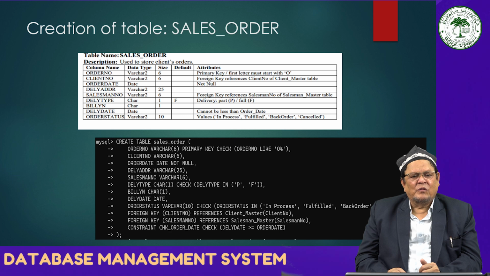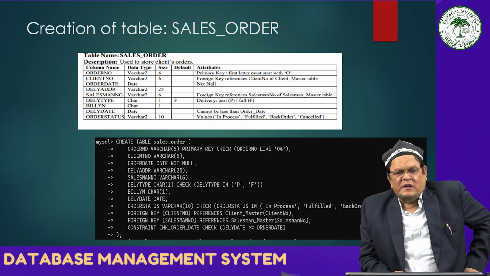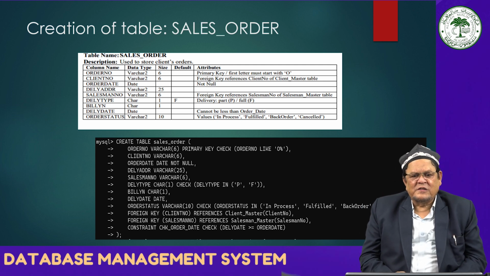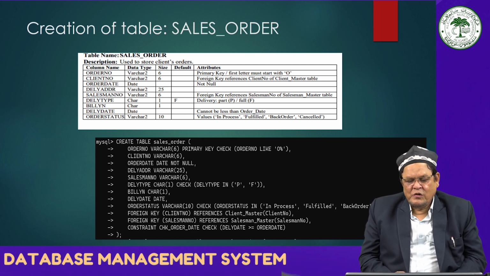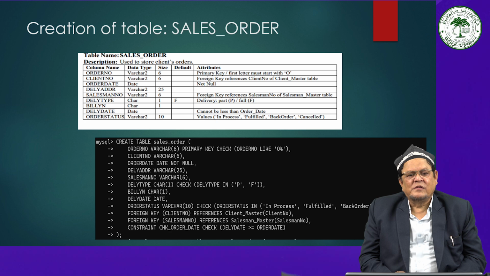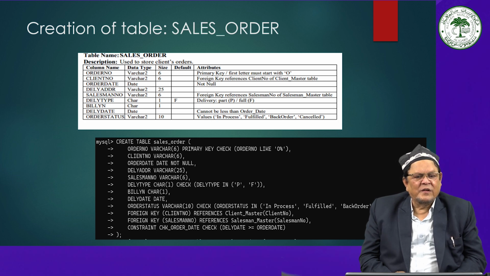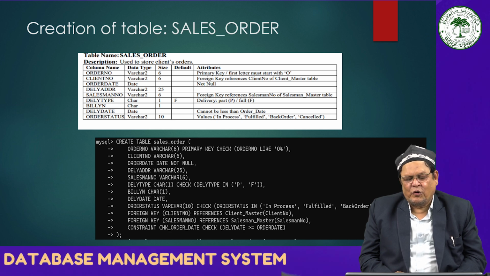Client number, varchar, the size is 6, and you have to define a foreign key reference client number of client master table, and order date, not null you have defined, delivery date, and then salesman number, also they are foreign key.